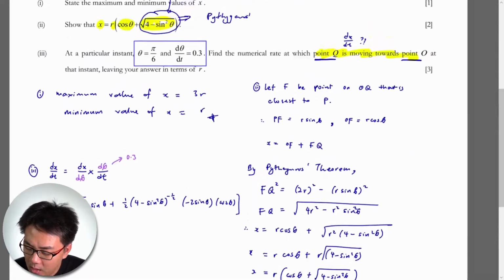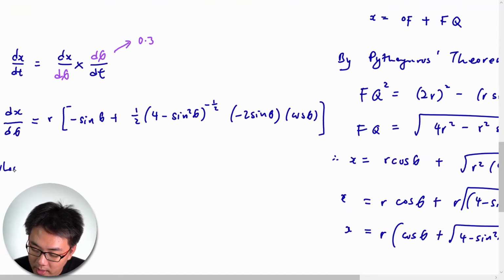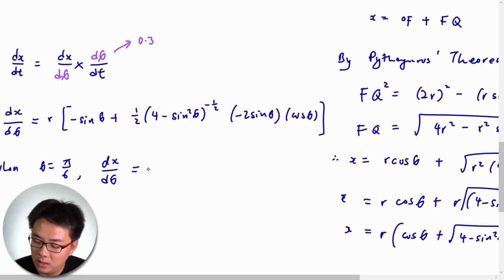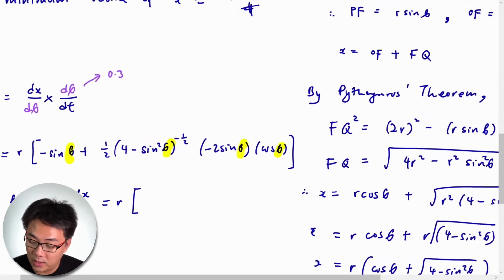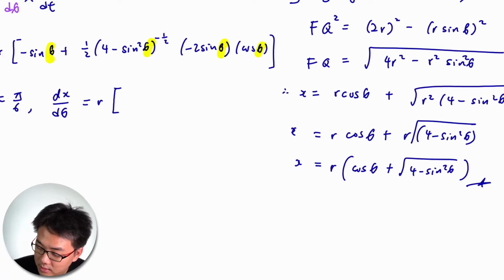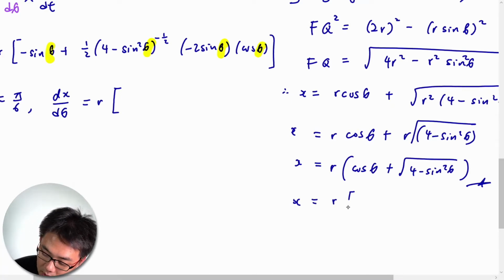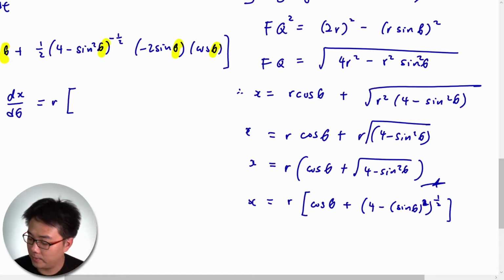I know that theta is pi over 6, so I'm just going to key into the calculator. When theta equals pi over 6, dx d theta, just key in the calculator, so this is r, just sub the theta value inside here. Anyway, they didn't want exact, so I'm just going to key into the calculator and find my value. If you have a problem differentiating this, what I did was r cosine theta plus 4 minus sine square theta to the power of half.